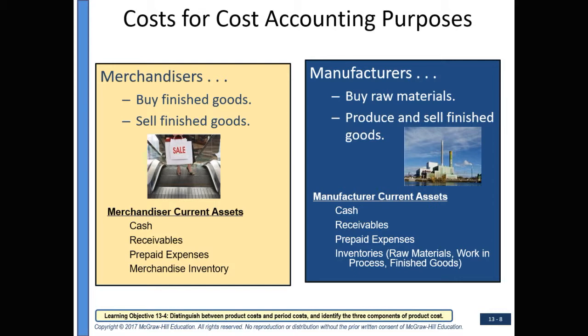Product costs for a merchandiser are reported in the current assets on the balance sheet in the merchandise inventory, along with other current assets such as your cash, receivables, and your prepaid expenses. Whereas components of product costs for a manufacturer are also reported in the current assets on the balance sheet, but they are represented in three different inventory accounts. One is raw materials, the other is your work in process, and the final one is your finished goods inventory.